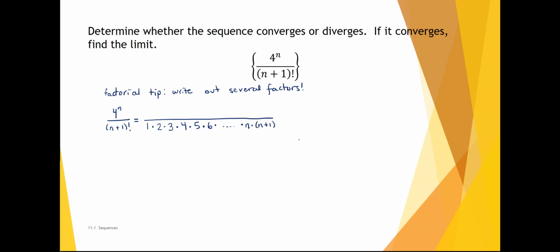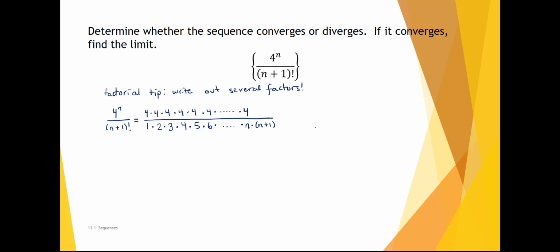Now, if you count up on the bottom, we have n plus 1 factors. On the top, we have n factors of 4. So we have 4 times 4 times 4 times 4 times 4 times 4 times, and we continue on, 4.